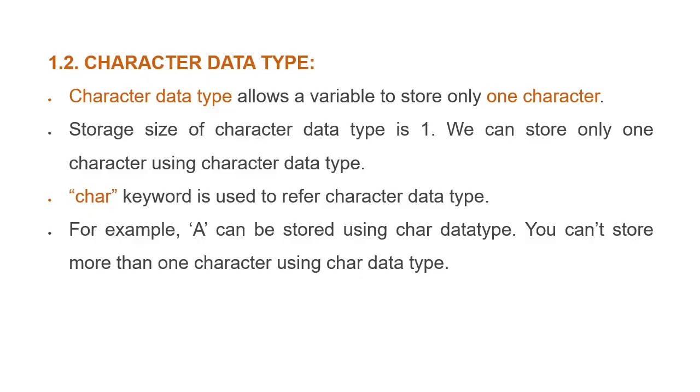So we can store only one character using a character data type. The char keyword is used to refer to a character data type. For example, capital A can be stored using the char data type, and you can't store more than one character using the char data type.